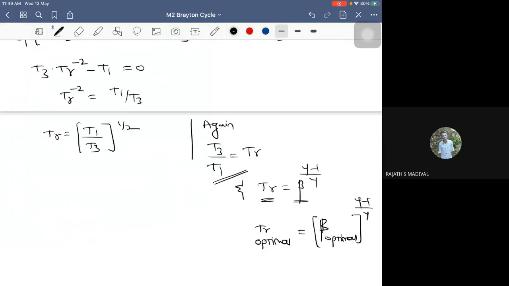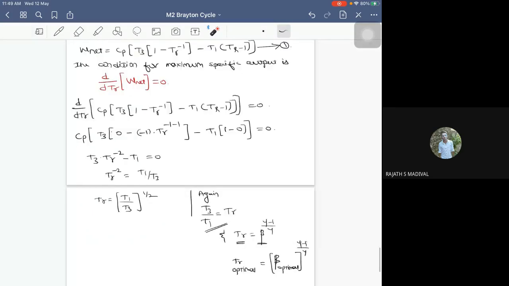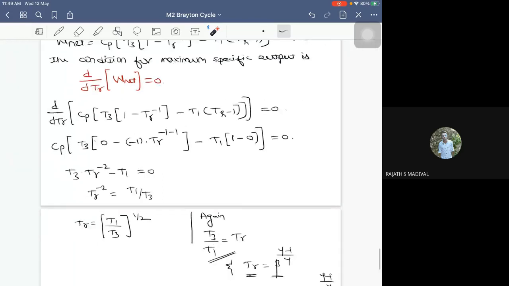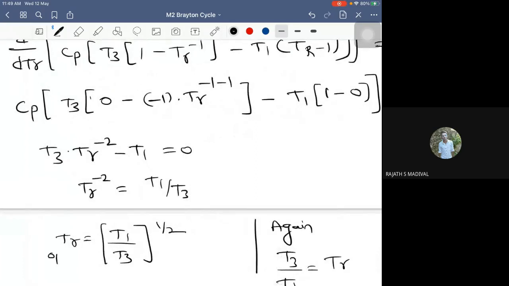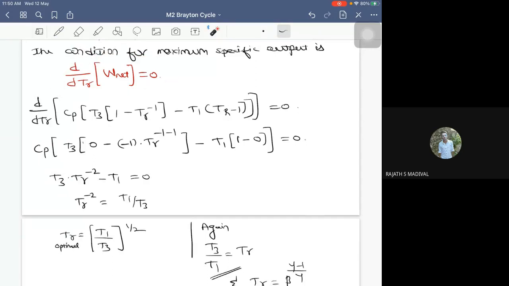So in such a case, this particular TR, the value we obtained by putting the condition d by dTR of W net equal to 0 to maximize specific power output, this is the TR. So when I have calculated this value of TR using a condition like this, I am in a position to call this an optimal TR, just because I have used this particular condition here.